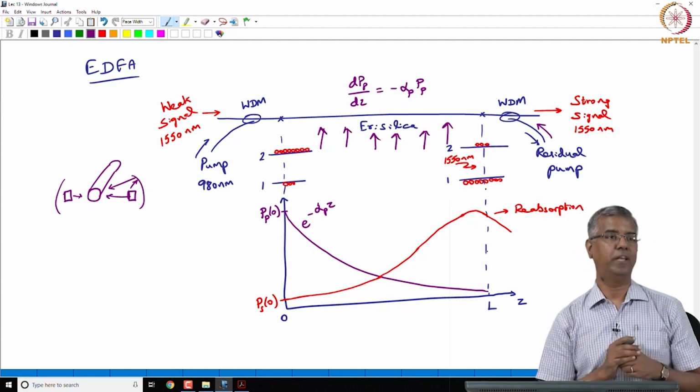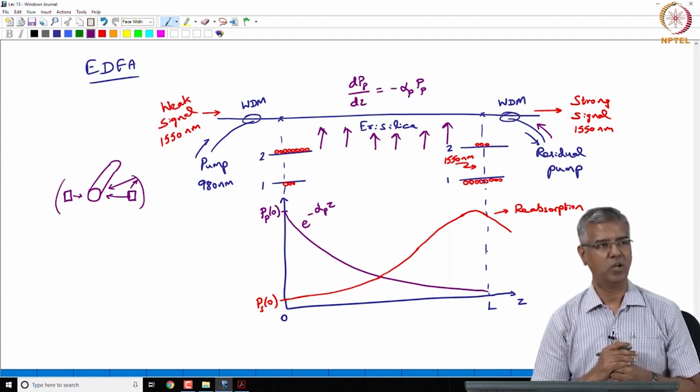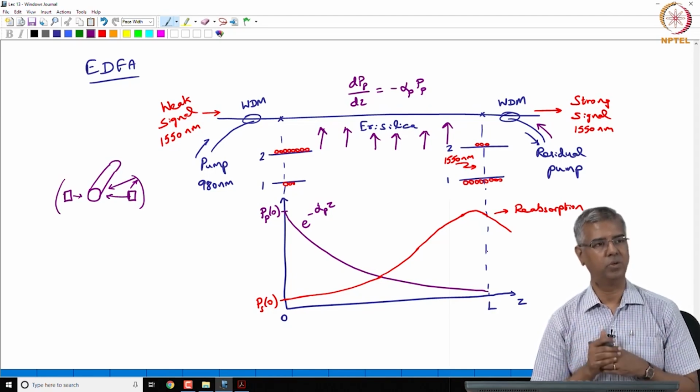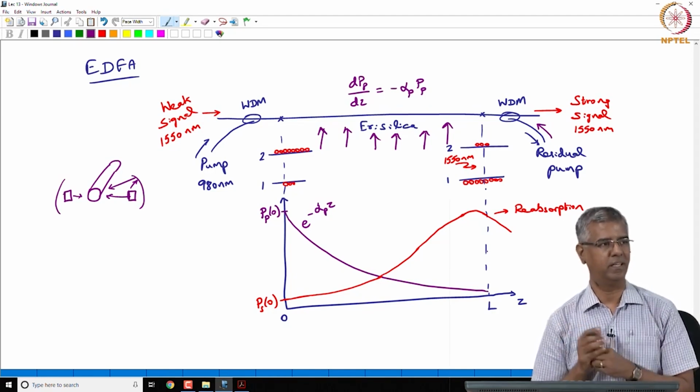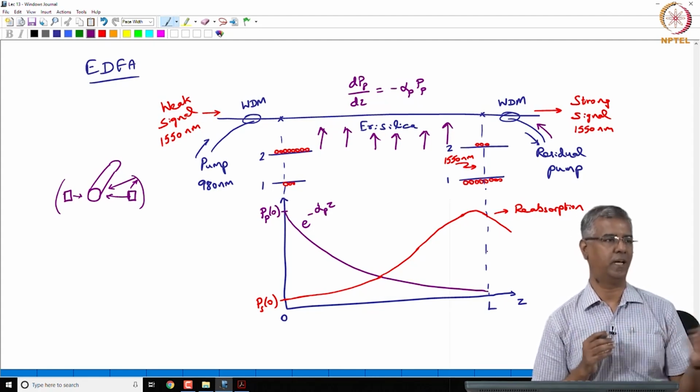And that works out very well. Why? Because when you have the weak signal launched from the left side, there are very few signal photons coming in.